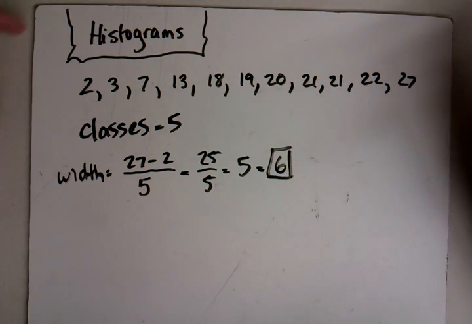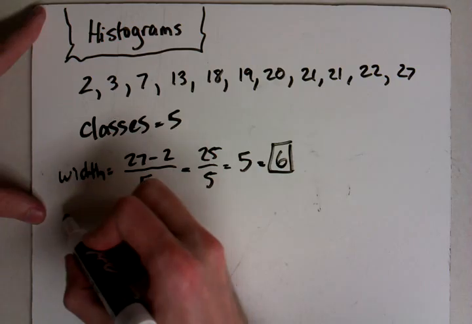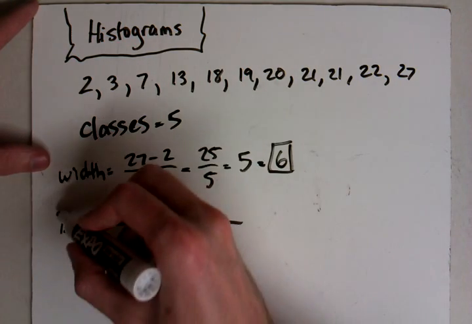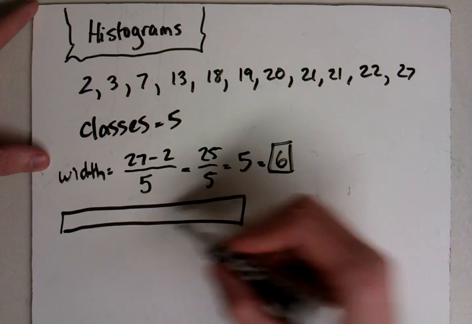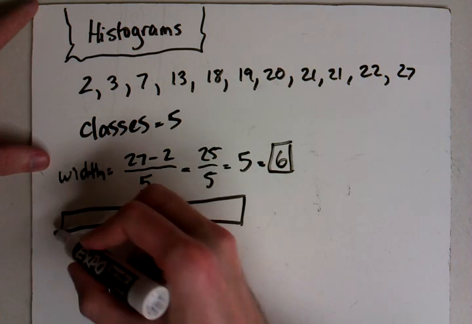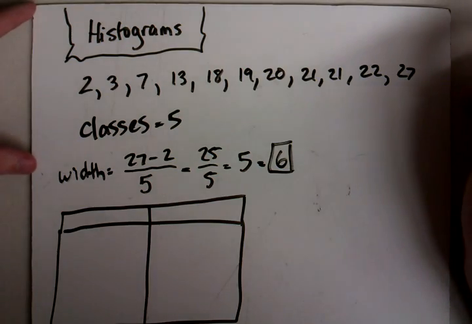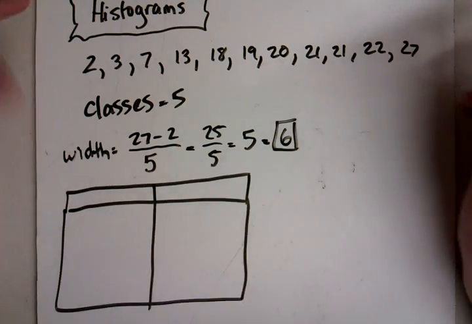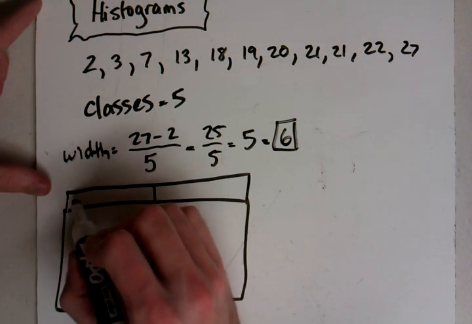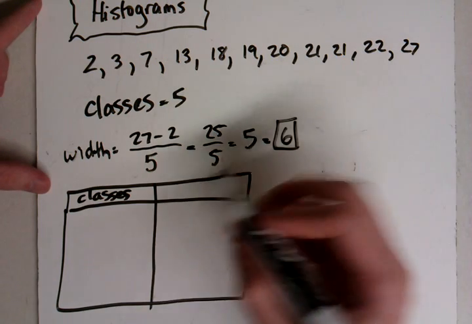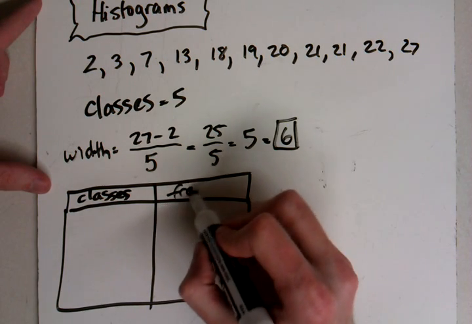Next, we don't really have to do this, but just for practice, I want to make a frequency table for my data. Can we still see all the way down to the bottom? Okay, good. Here I'm going to have my classes, or my intervals, and here I'm going to have their frequencies.